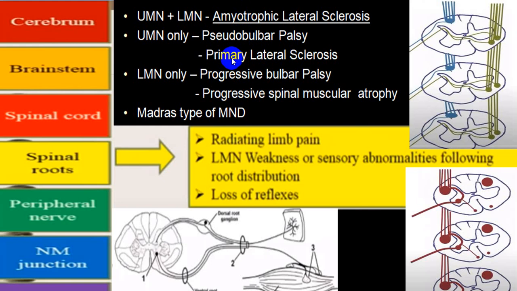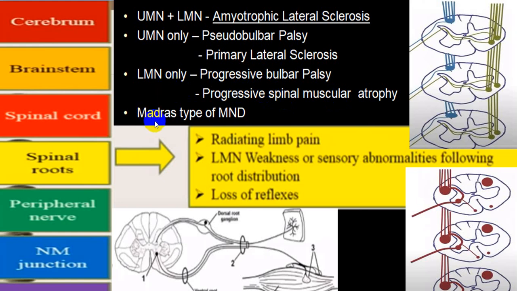In a primary lateral sclerosis, also again being an involvement of the corticospinal tract, it will be upper motor neuron variety. While in a progressive bulbar palsy, it will be mainly cranial nerve involvement, so it will be lower motor neuron. In a spinal muscular atrophy, again anterior horn cell getting involved, so it will be a lower motor neuron variety.